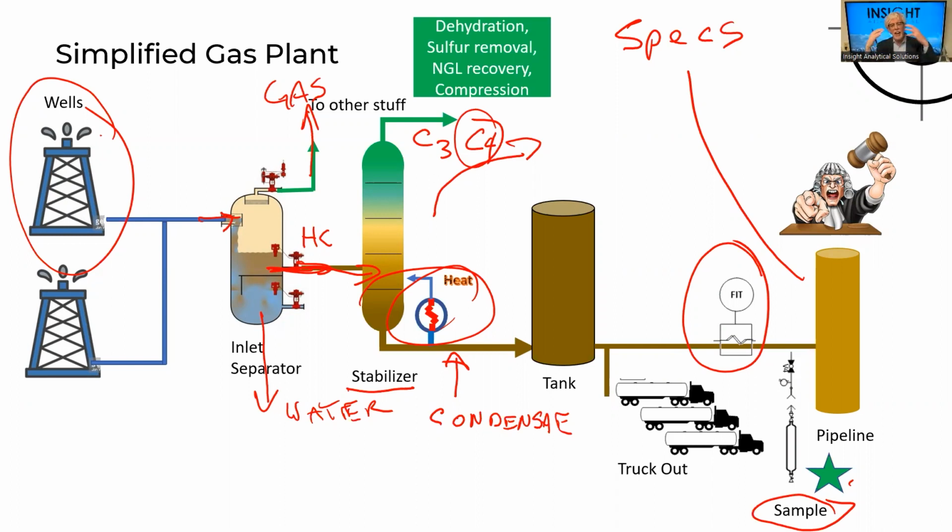So all of the sand, all of the clay, all of the heavy, dirty stuff that's coming in from our wells is in those liquid phases. We push it over to the condensate stabilizer and we come off the bottom of the stabilizer. That's where all the heavy, dirty, nasty stuff settles to. And so now if we try to say, oh, well, I'm going to go and put an analyzer in right here, that analyzer is seeing all that dirty, nasty stuff.